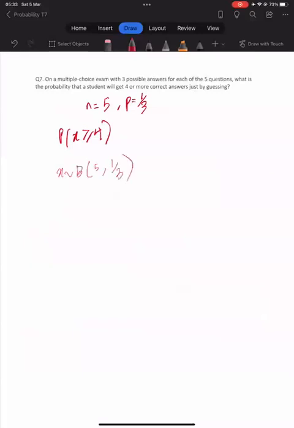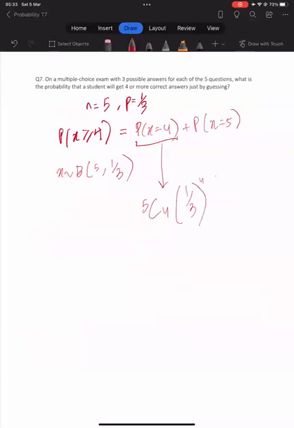Okay, so this should be the probability x is 4 or the probability x is 5. So x being 4 is, out of the 5 questions, 4 are correct, with 1/3 raised to the power 4, and then the probability of getting an incorrect answer in any question is 2/3.